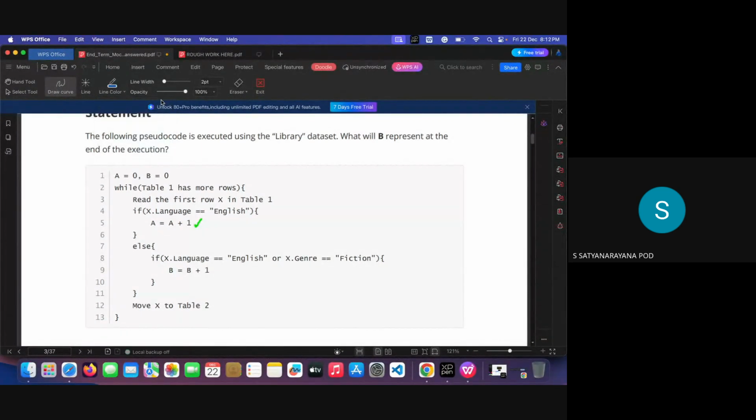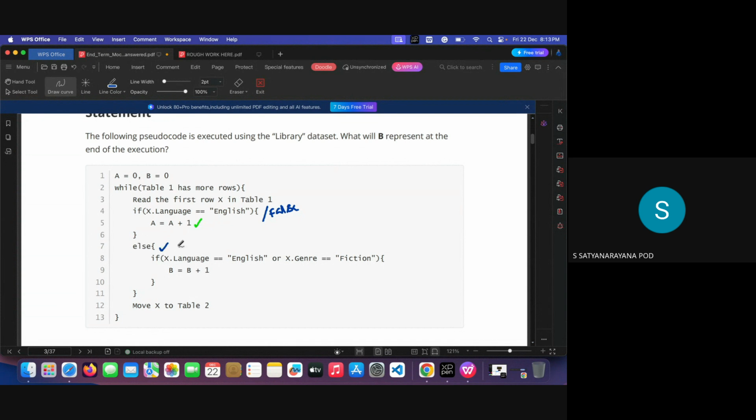For example, this condition links to the if and else. If this condition is true, it works. Whenever this condition is false, then only it goes here. So when this is false, definitely the language is not English. If the book's published language is not English, then only it comes here.